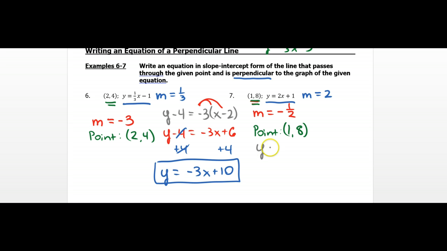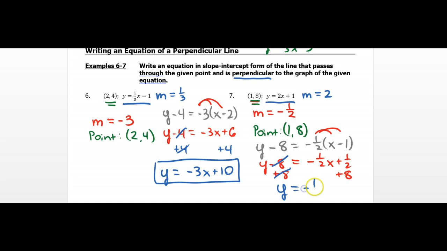That would be y minus 8 equals -1/2 times the quantity x minus 1. We'll then distribute, and add our 8 over. So that's going to give us the equation y equals -1/2 x plus 8.5.